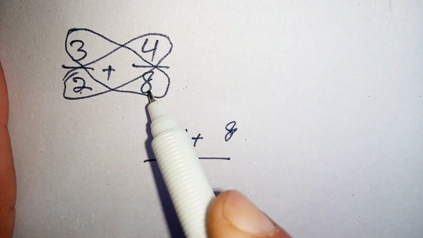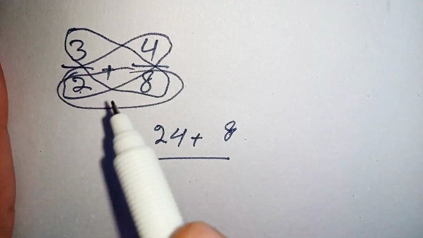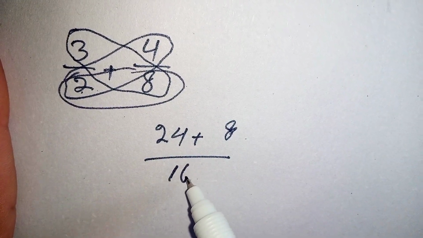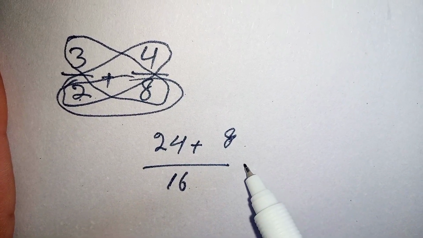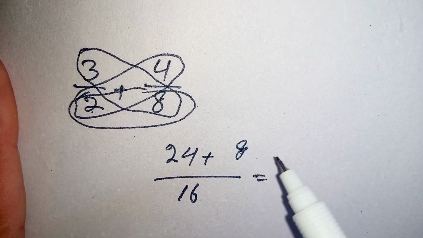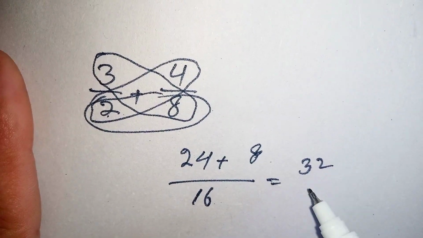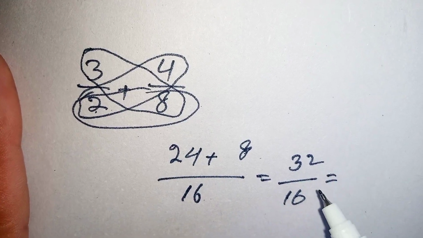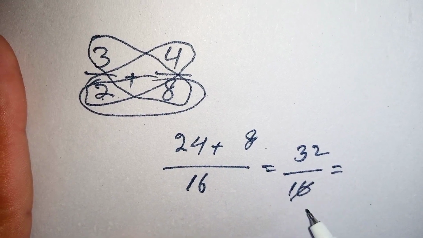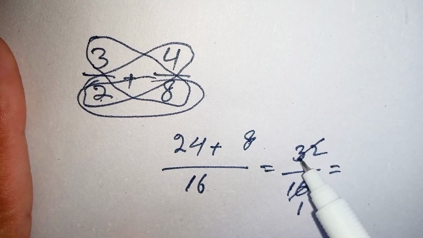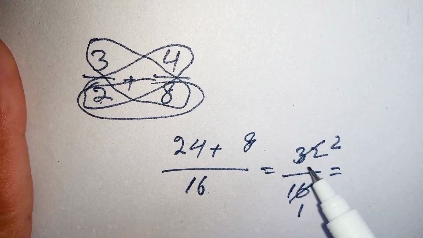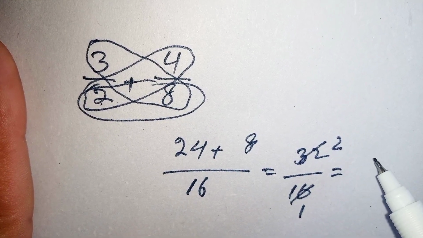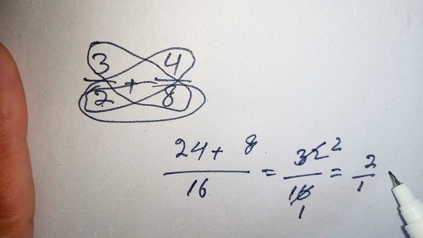Now multiply this 2 with this 8, which is equal to 16. So add 24 with 8, which is equal to 32 over 16. Now here we say that 16 times 1 is 16, and 16 times 2 is 32, which is equal to 2 over 1.